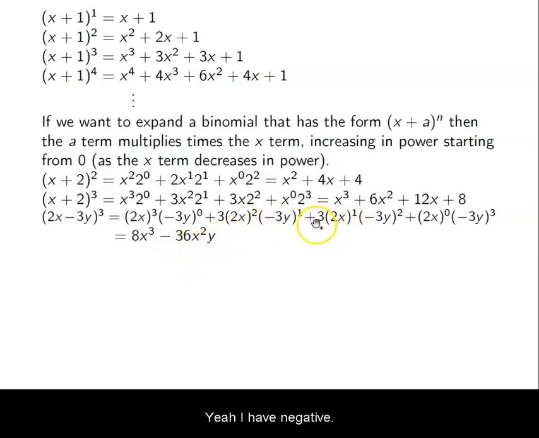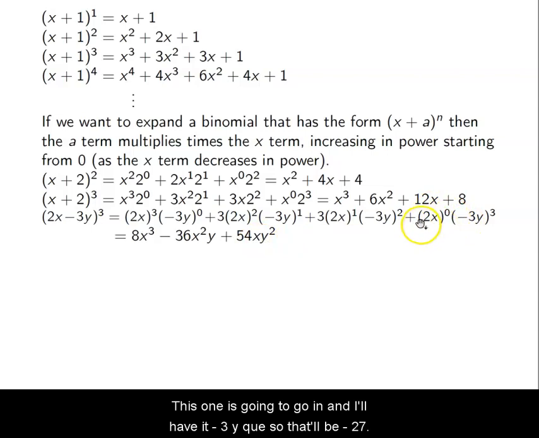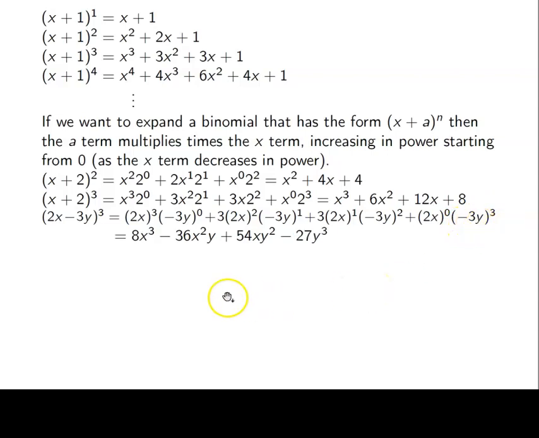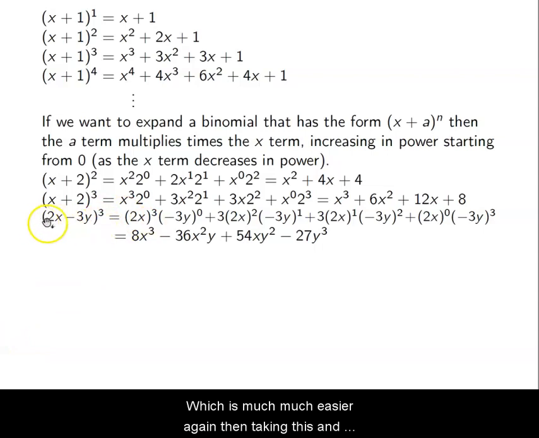Here I'll have positive 9 times 3 is 27, and double that is 54xy squared. This one is going to go away, and I'll have a negative 3y cubed, so that'll be negative 27y cubed. Which is much, much easier again than taking this and multiplying it times itself 3 times.